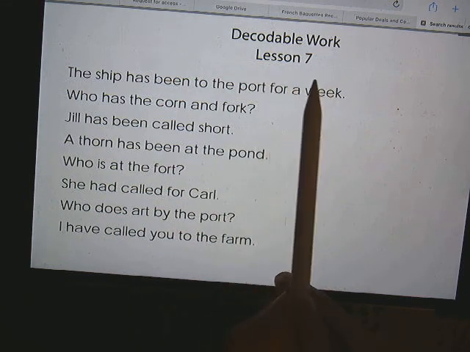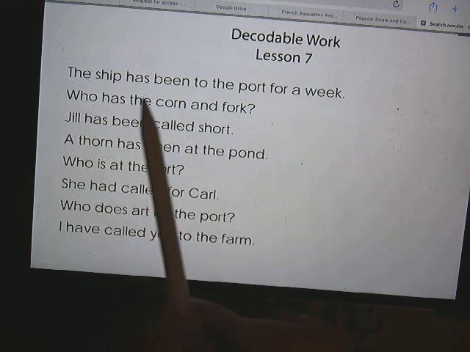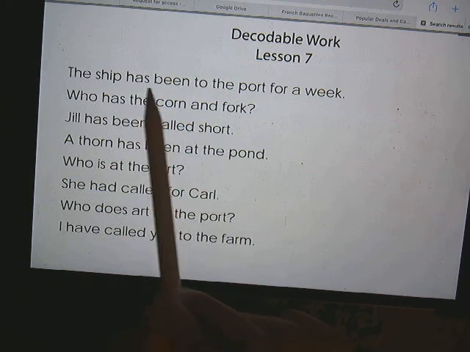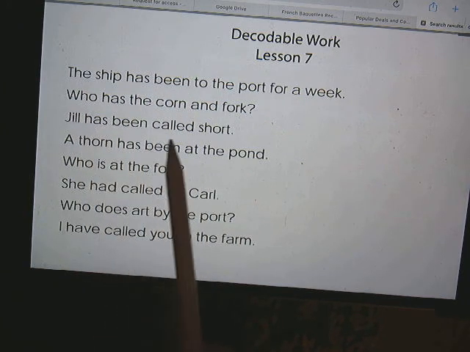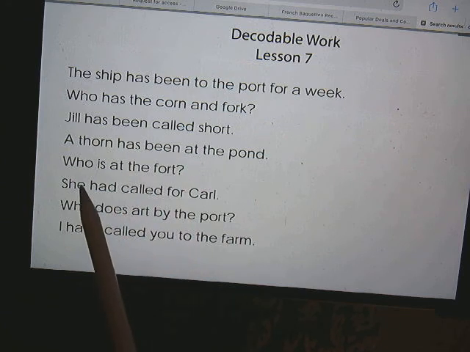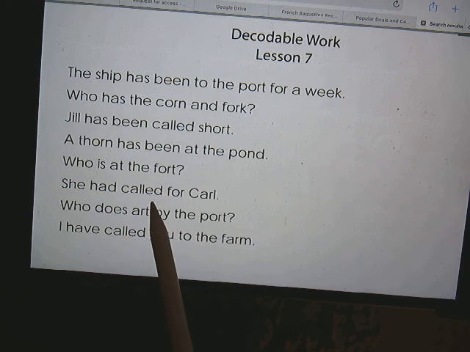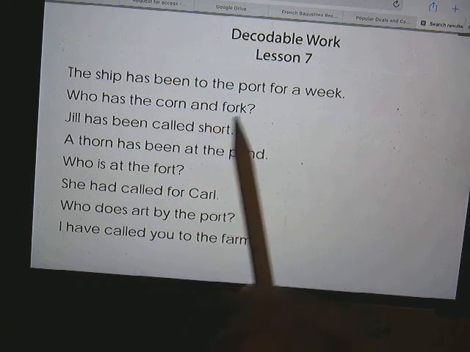Decodable work, lesson 7. All right, so let's look for these words: been, who, called. Been, who, called. Who, called. All right, now let's look for the bossy R, or the R-controlled vowel words.